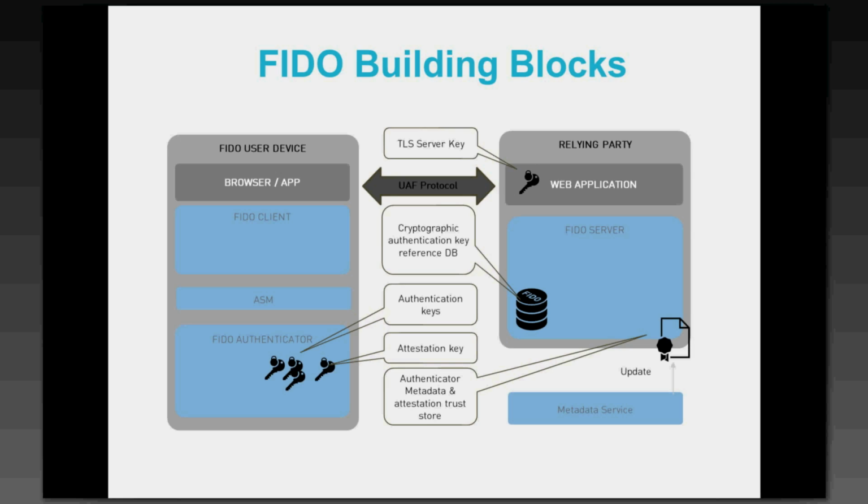What FIDO Alliance has done is they have specified what that FIDO client should do. What we have seen is that a lot of OEMs have already started to add FIDO client capabilities on their phones. So that's a FIDO client which is already there and which can be used by any relying party to support FIDO authentication in their mobile applications.